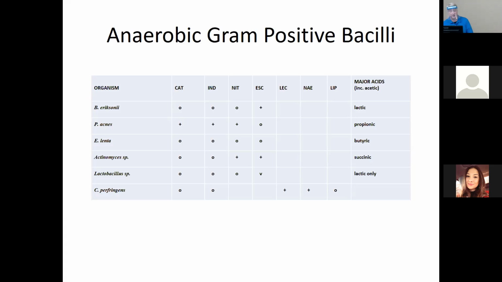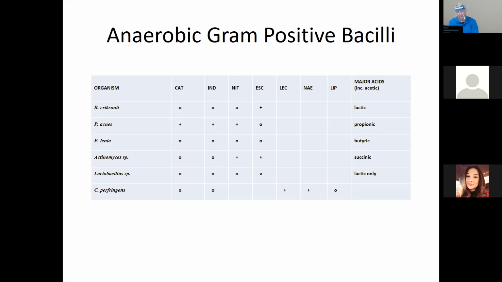Okay. Can we do a catalase test? Audience, can we do a catalase test? Yes, y'all can. Can y'all do an indole test? Yes, you can. So we can do some of these things, at least those two.